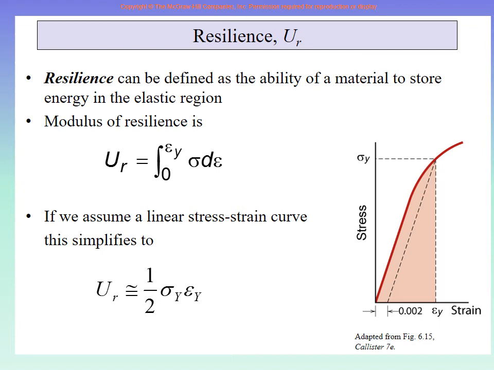The area under the stress strain curve in the elastic region is called the resilience of the material. That is, how much work do we need to do on the material so that it reaches the end of the elastic region, or how much energy is stored inside the material when we load it until the end of the elastic region. This is called the resilience. Okay.